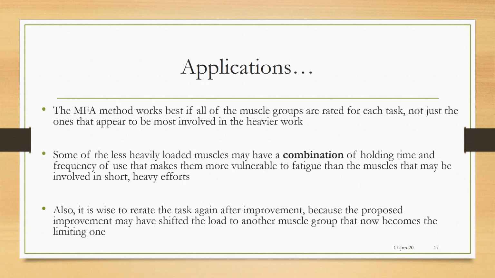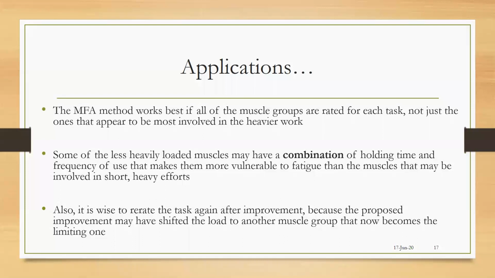It works best if all of the muscle groups are rated for each task, not just the ones that appear to be most involved. So it is better to evaluate all the muscles that are in the list, because some of the less heavily loaded muscles have a combination of holding time and frequency of use that makes them more vulnerable. So duration might be less, but effort might be heavy, or effort might be light, but duration might be long.